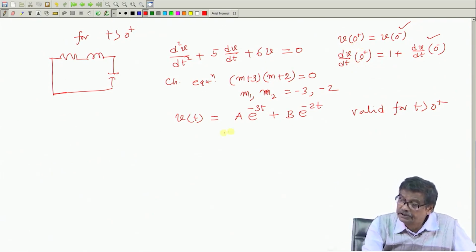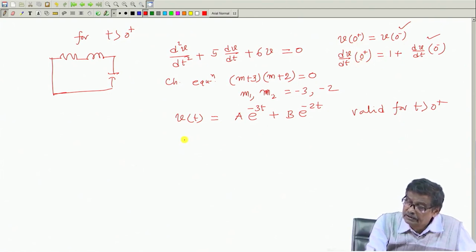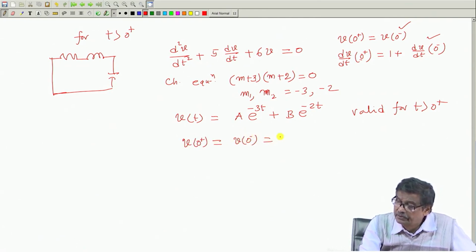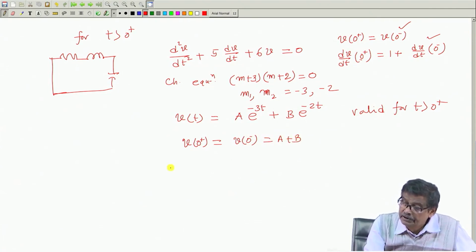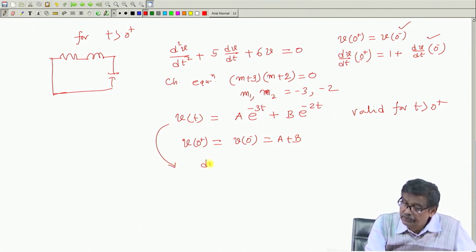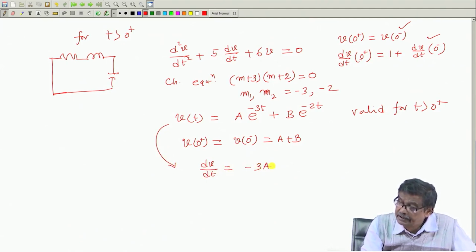Then apply the boundary conditions, that is, V 0 plus is V 0 minus. So, V 0 minus is equal to A plus B. This will be one equation. The other equation comes from differentiating this: dv dt will be minus 3a e to the power minus 3t plus minus 2b e to the power minus 2t.